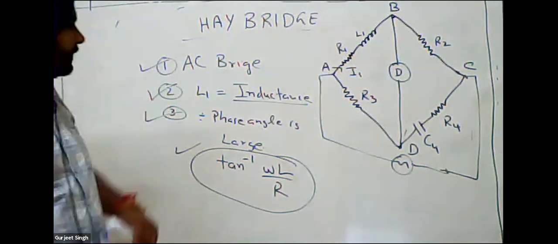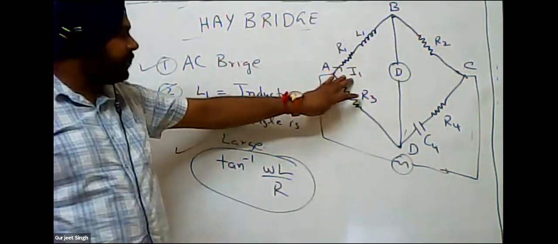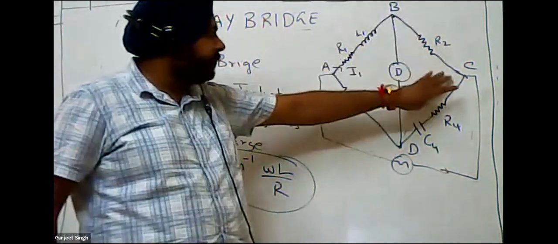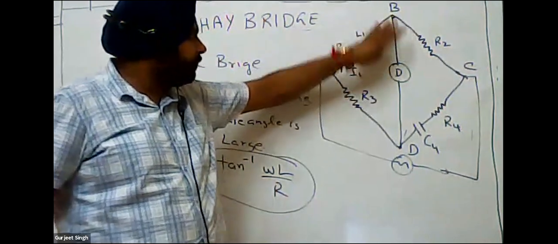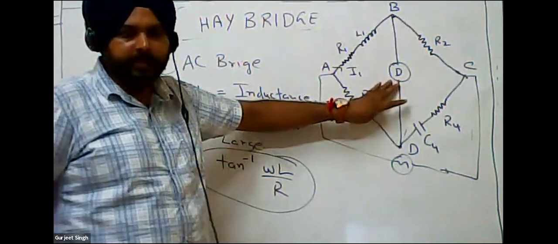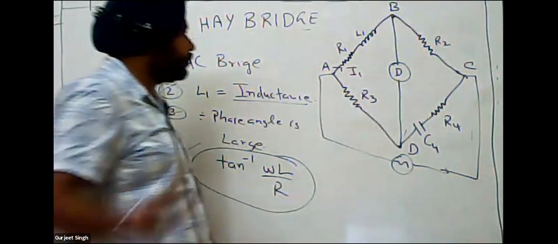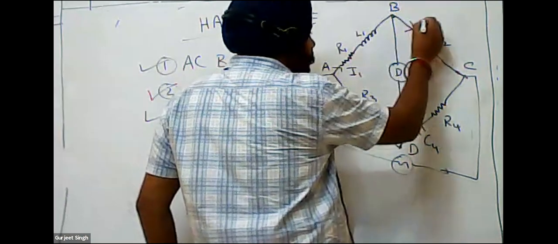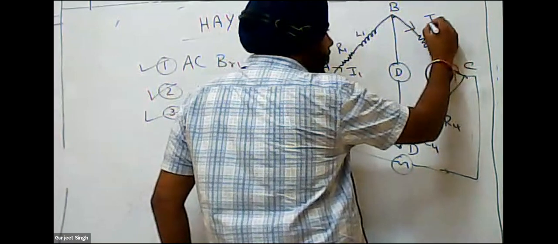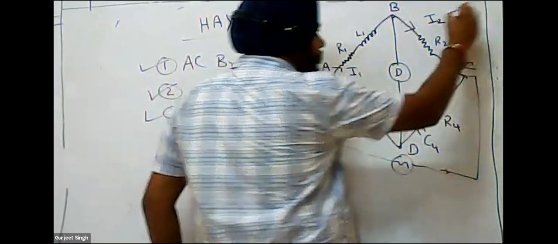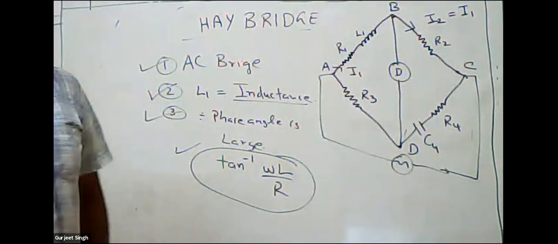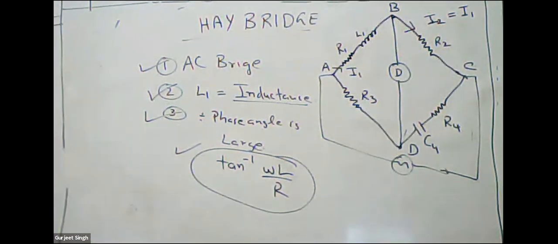Our bridge is balanced when this I1 current is flowing from this arm B and C, and no current will flow to this detector, means it is showing the zero indication. So whole current will pass through I2 R2, means I2 is equal to I1. Then our bridge is the balanced bridge.